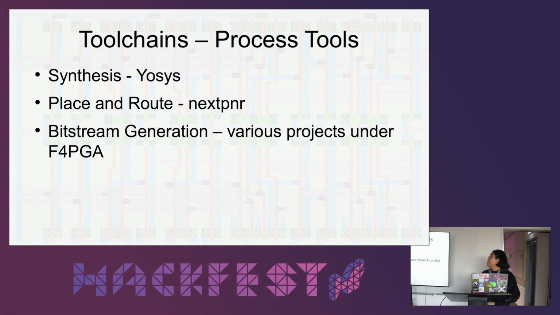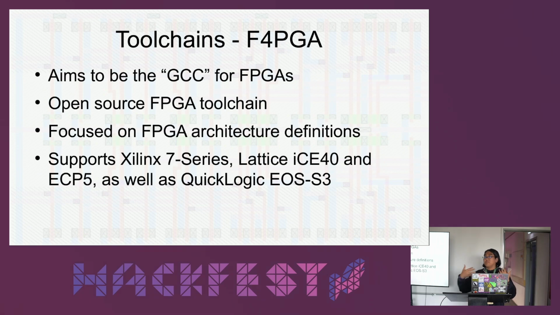So there are already a few tools for that, like Yosys and nextpnr, and for bitstream generation there are multiple projects under the FOSS FPGA umbrella. It aims to be the GCC for FPGAs, right? They already support things like the Xilinx 7 series, Lattice iCE40, ECP5, that sort of deal.